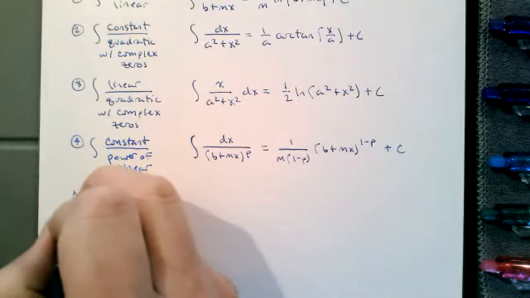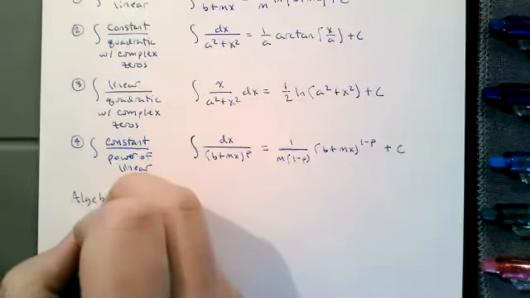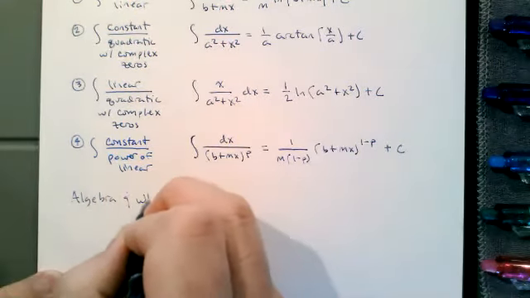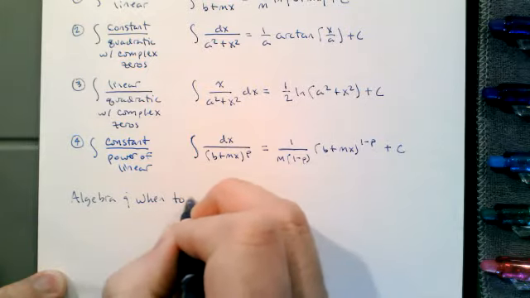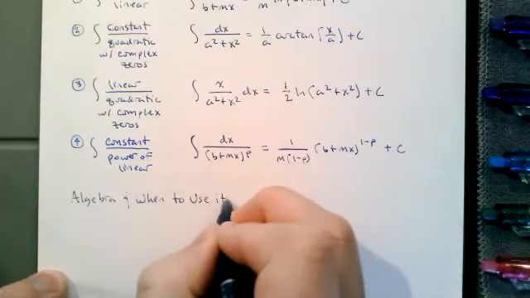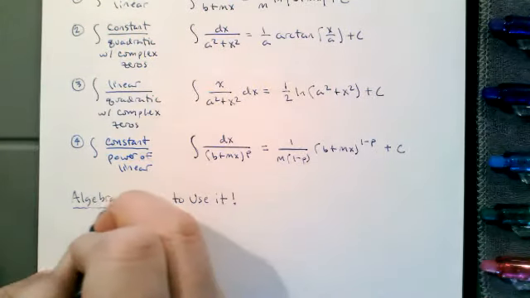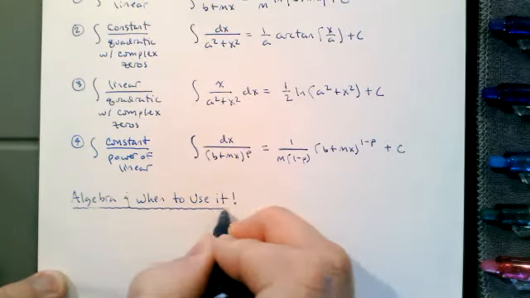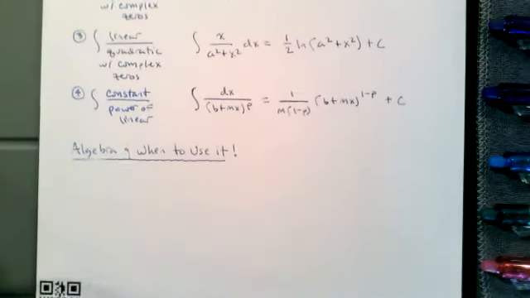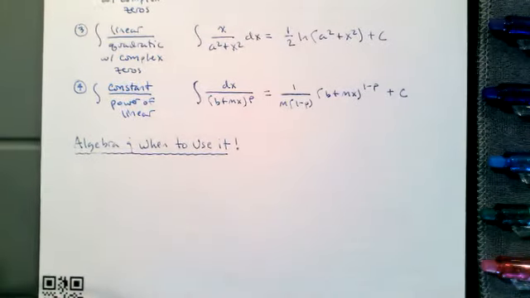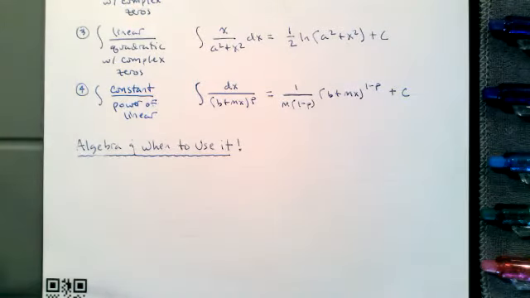So let's talk about algebra and when to use it. If the degree of the numerator is greater than or equal to the degree of the denominator, we use long division.